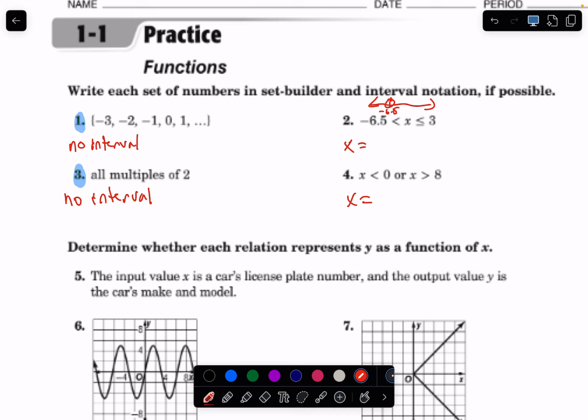We would have an open circle at negative 6.5, a closed circle at 3. And so our interval matches that perfectly. We have an open parenthesis at negative 6.5, a closed parenthesis at 3. That interval indicates that we would be using all the decimal values between negative 6.5 and 3. We would include the 3, but not the negative 6.5.